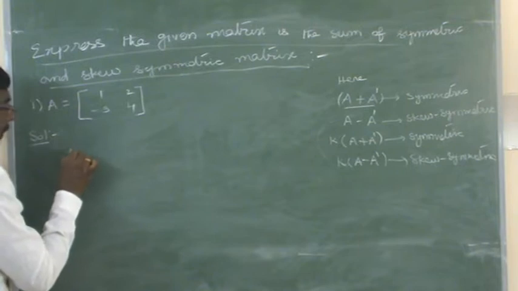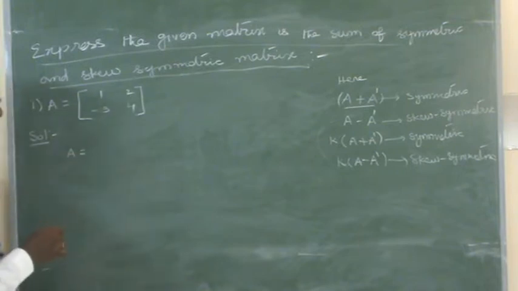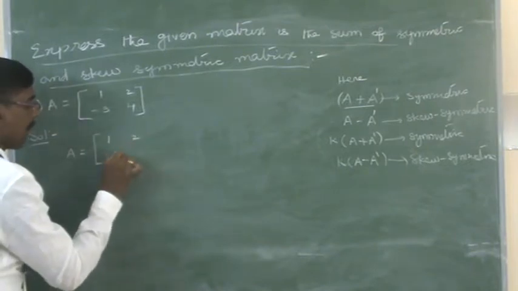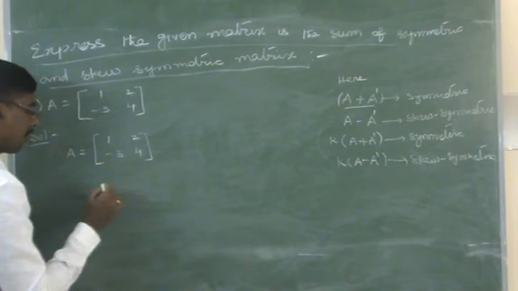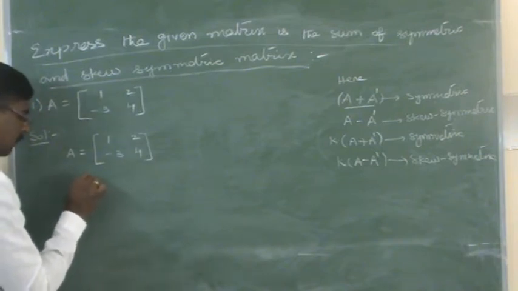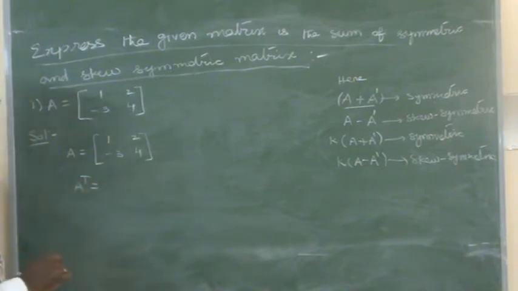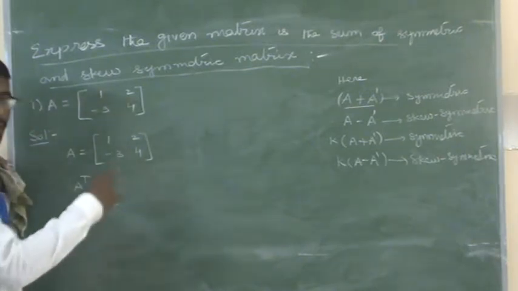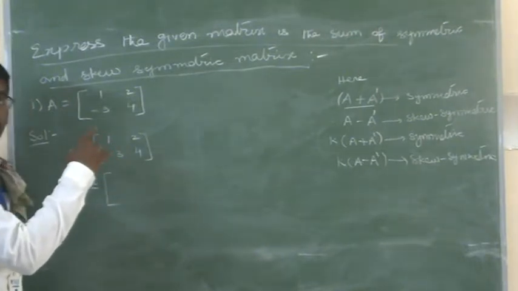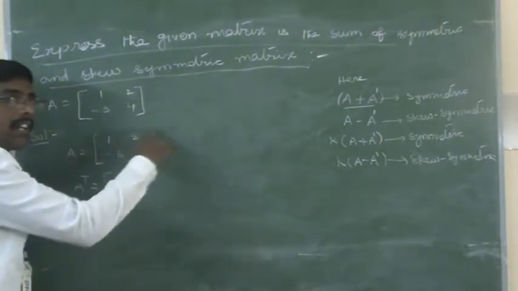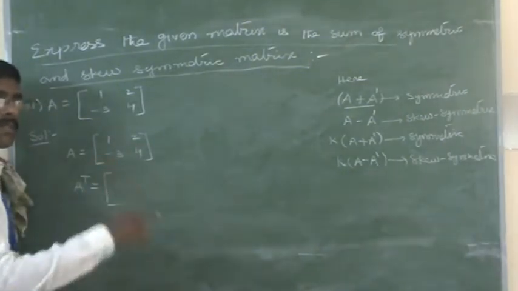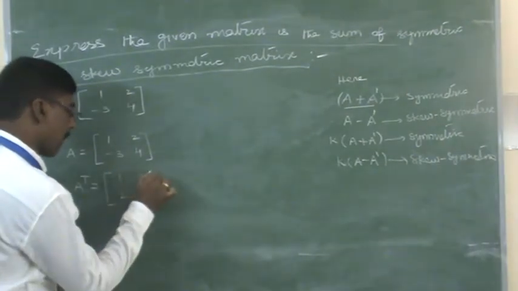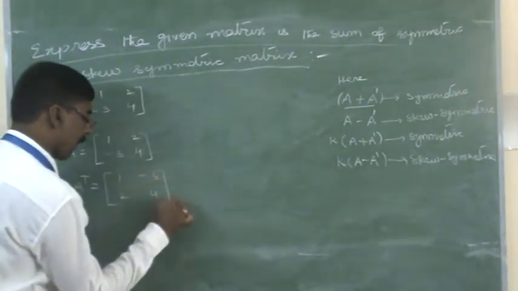Matrix A is 1, 2, minus 3, 4. How do we find A transpose? Rows are interchanged to columns and columns are interchanged to rows. The value can be written as 1, 2, minus 3, 4. This is the value of A transpose.